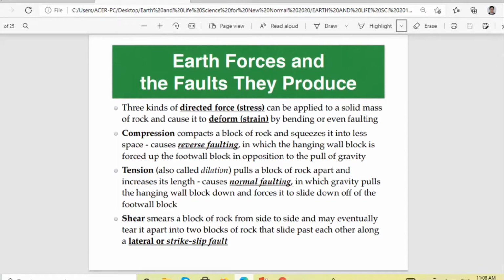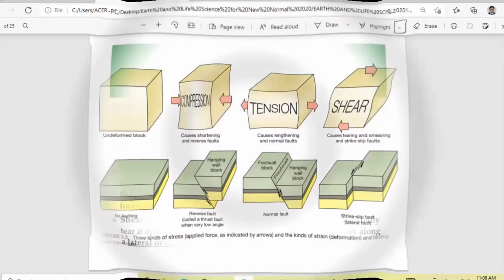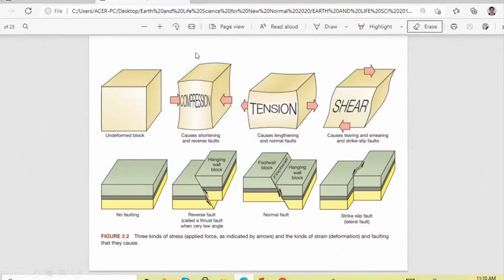Tension, which is also known as dilation, pulls a block of rock apart and increases its length. However, shear smears a block of rock from side to side and may eventually tear it apart into two blocks of rock. This is the compression, the tension, the shear.